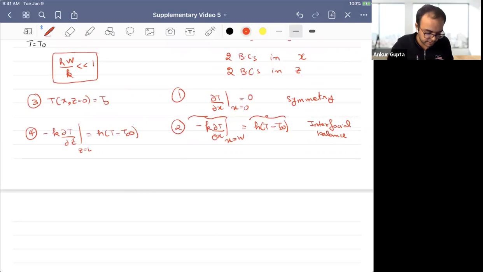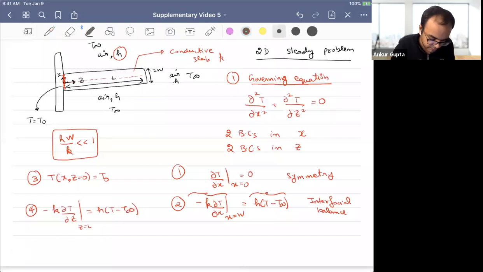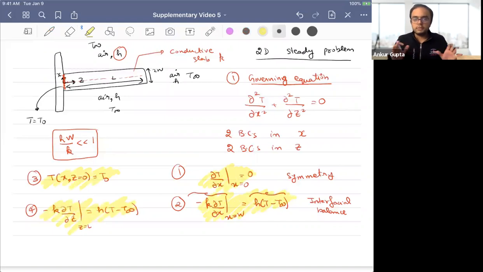So just to quickly show you again, we first wrote the governing equation, then we derived the boundary conditions: two in x, two in z. One is symmetry, one is interfacial balance, and one is constant temperature, and again in z there is interfacial balance. Okay, so this is what we did.